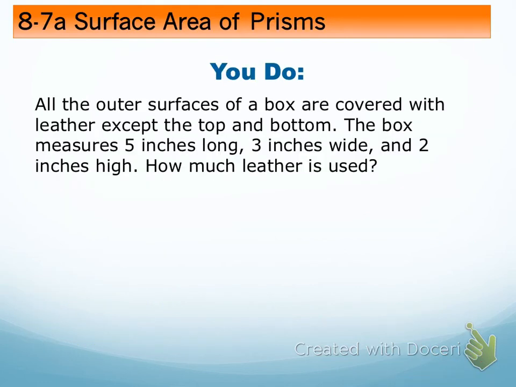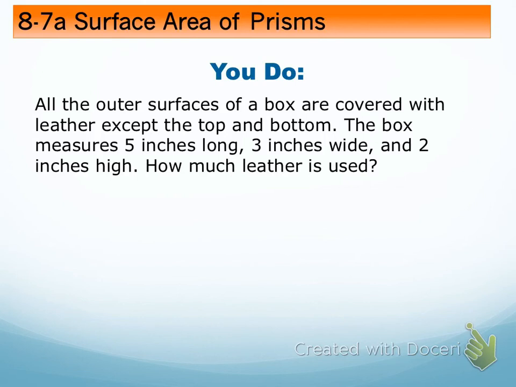So let's look at this next one. All the outer surfaces of a box are covered with leather except the top and bottom. The box measures 5 inches long, 3 inches wide, and 2 inches high. How much leather is used? Again, you've got to think that this is a rectangular prism, not a triangular one like some of our other examples.